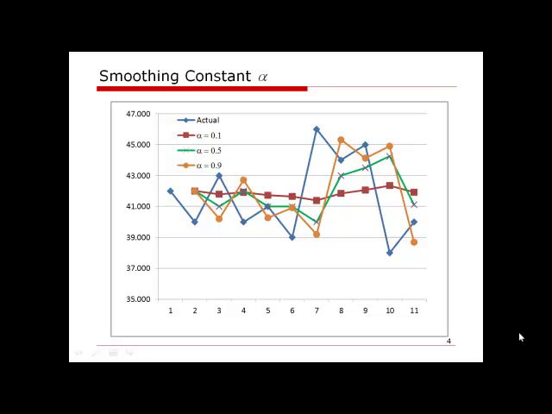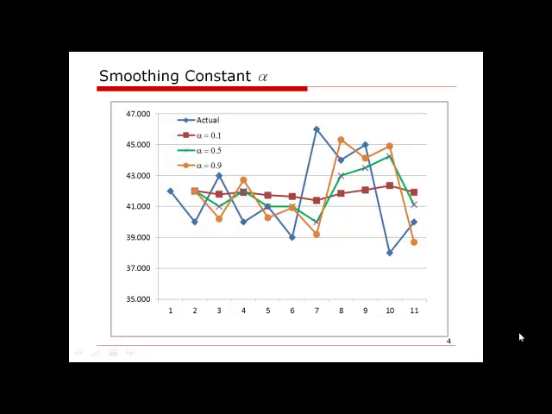We have the forecasting with three different smoothing constants, alpha equals 0.1, 0.5, and 0.9. We can see the smaller the smoothing constant is, the smoother the result will be. And the larger the smoothing constant is, the more responsive the result will be.